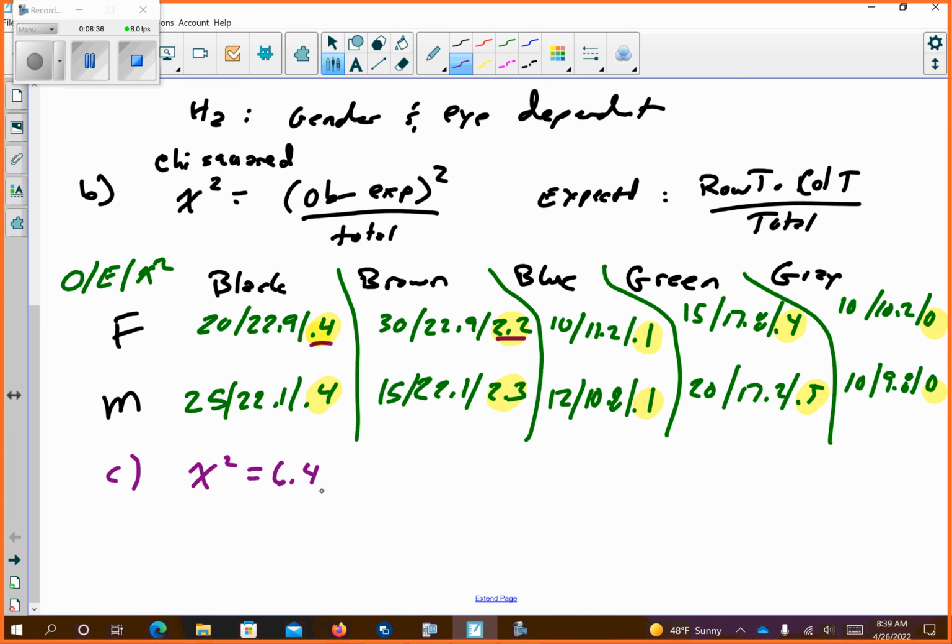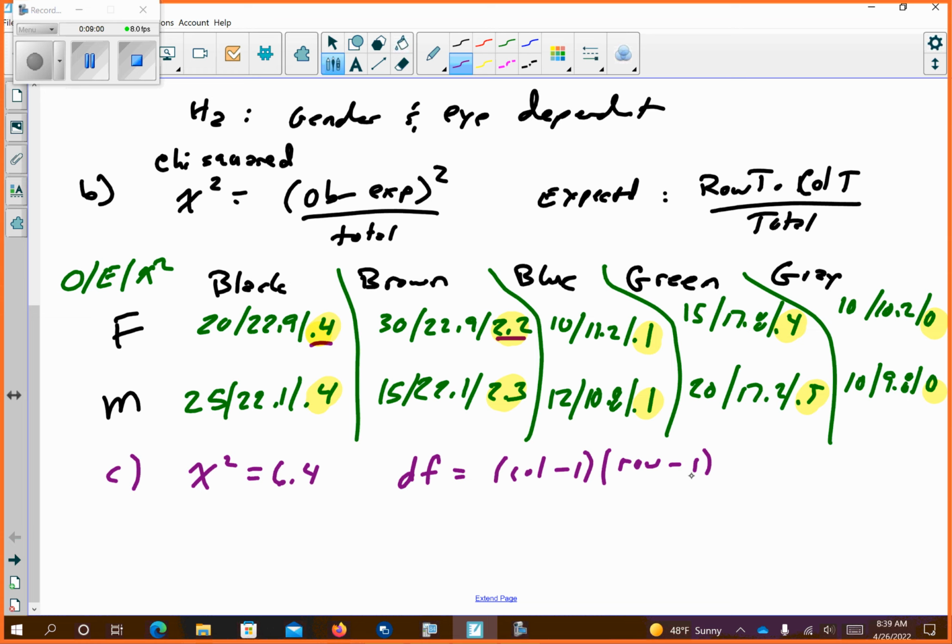So for chi-squared, you added up all those: the 0.4, 0.4, 2.2, 2.3, 0.1, 0.1, 0.5, 0.5. And then in order to get the degrees of freedom, we did column minus 1 times row minus 1.